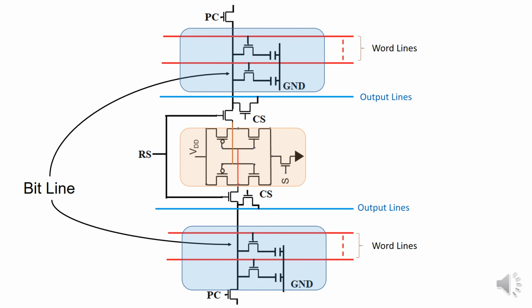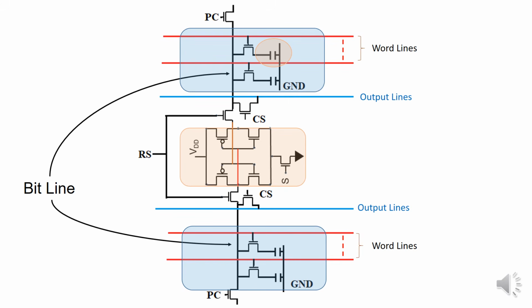Now, let us assume that in a given cell, 5 volt information is stored. When we make the respective word line high, this is going to change the bit line voltage, which was pre-charged to 2.5 volt, because the voltage stored in the cell capacitance is 5 volt.